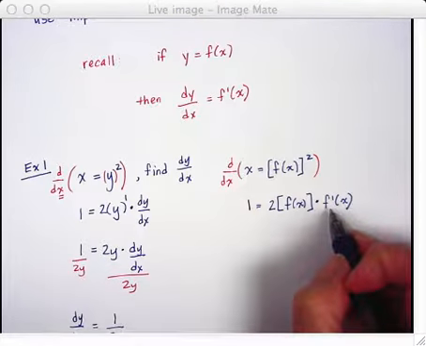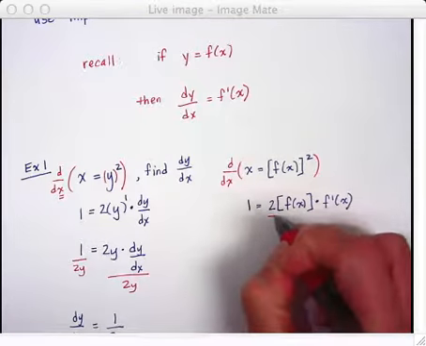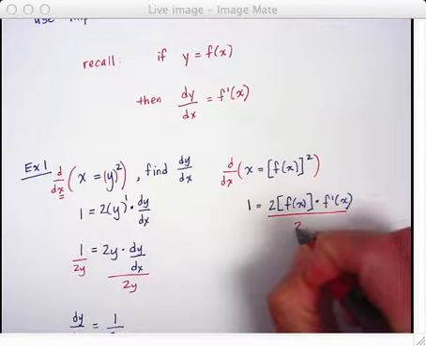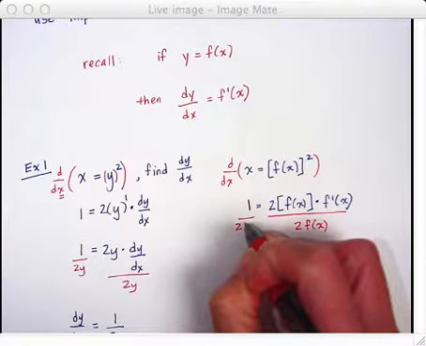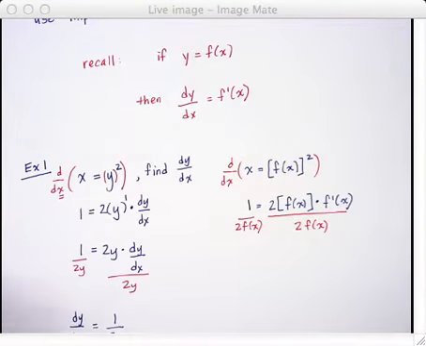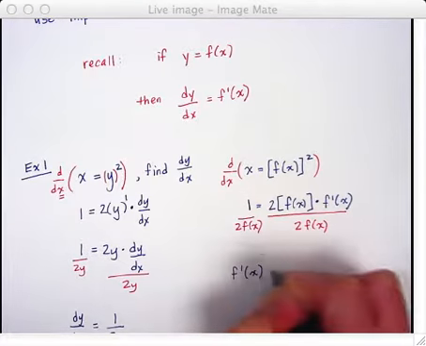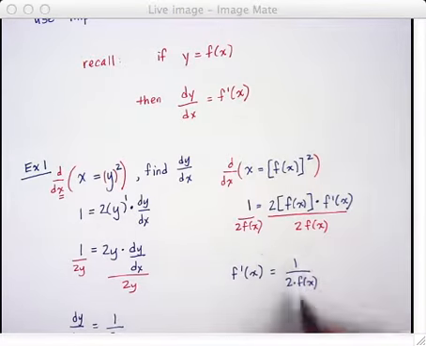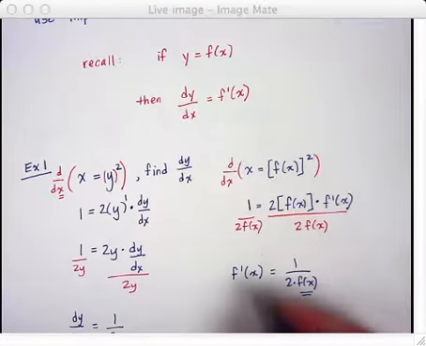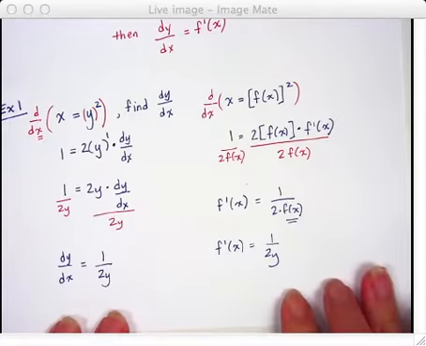So to get f prime of x by itself, I'm going to divide both sides by 2 f of x. So I get f prime of x equals 1 over 2 times f of x. And just for simplicity, I'm going to replace f of x with a y, just like that.